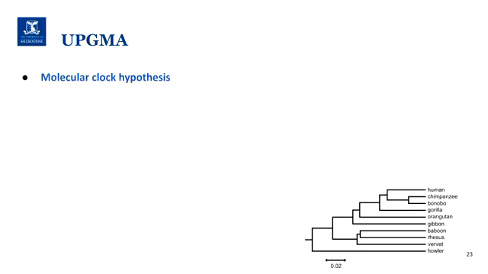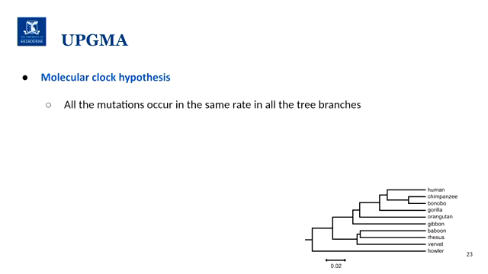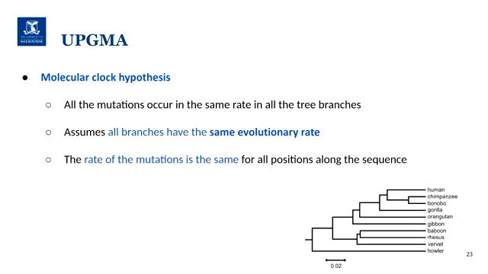So the molecular clock hypothesis I mentioned that is considered by UPGMA is that all mutations occur at the same rate in all branches, so that you have the same distance from root to leaf. It also assumes that all branches have the same evolutionary rate, and that the rate of mutations in each position along the sequence is consistent as well.